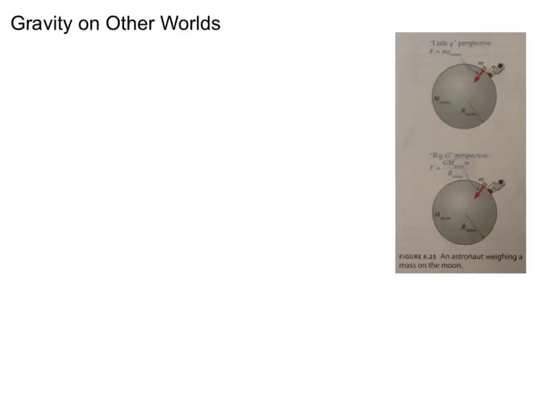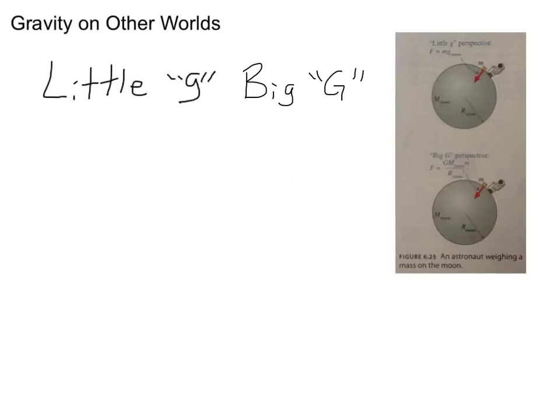So let's take a look at gravity on other worlds, and we're going to use the moon as our example. Suppose we take an object to the moon and we want to find its weight on the moon. There's kind of two perspectives that we can use to look at the weight of this object on the moon. We can look first at the little g perspective, and then we can look at the big G perspective.